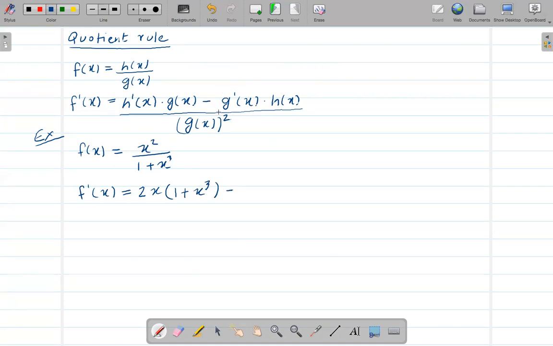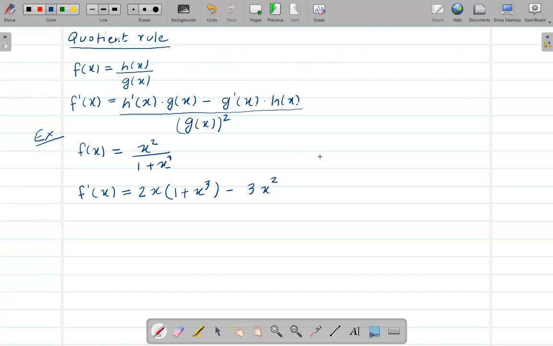Now take the derivative of the denominator. The derivative of 1 is 0, and we don't have to write that. And then the derivative of x to the power 3 is 3 times x to the power 3 minus 1 using the power rule, so 3 minus 1 is just 2.